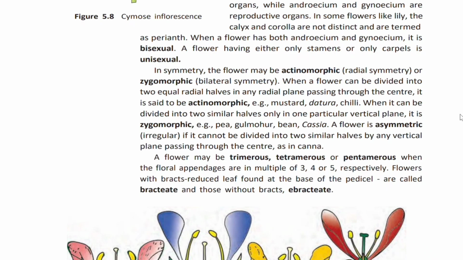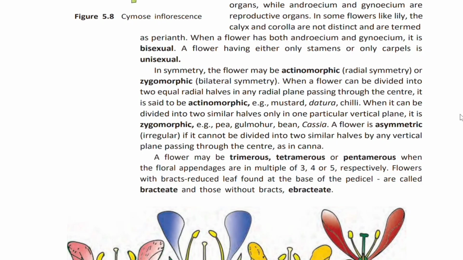When it can be divided into two similar halves only in one particular vertical plane, it is zygomorphic. Examples: pea, gulmohar, bean, cassia. A flower is asymmetric, that is irregular, if it cannot be divided into two similar halves by any vertical plane passing through the center, as in canna.